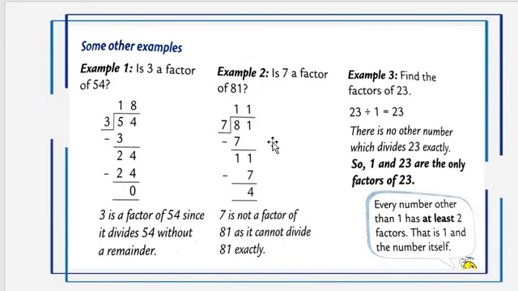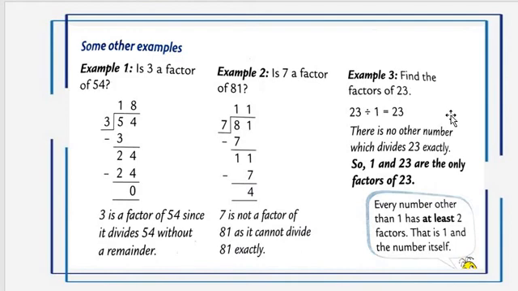Every number other than 1 has at least 2 factors: 1 and the number itself. What I am telling you is a note. See here, every number other than 1 has at least 2 factors. Which 2 factors?